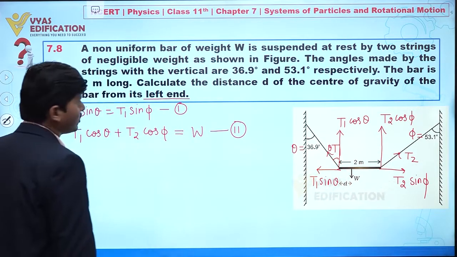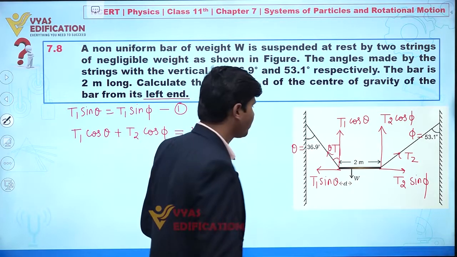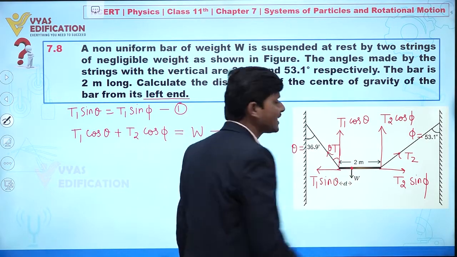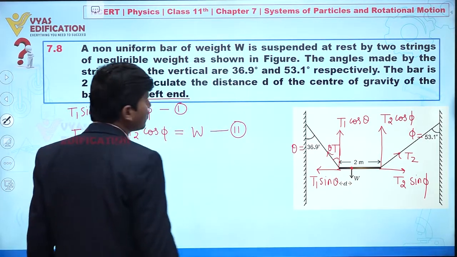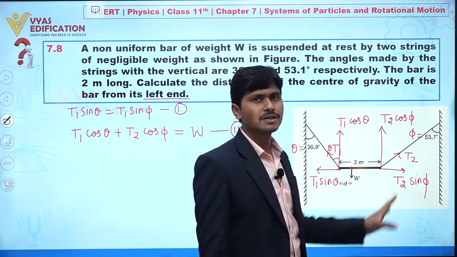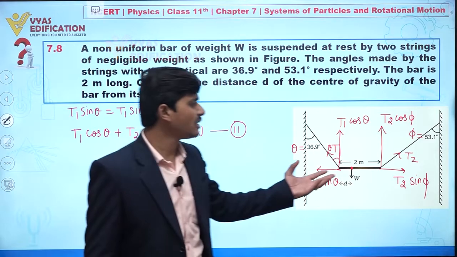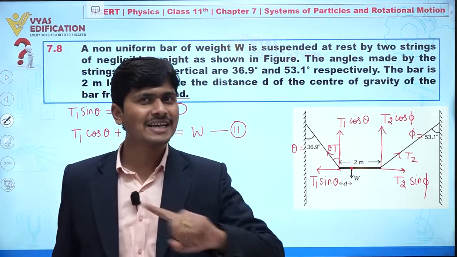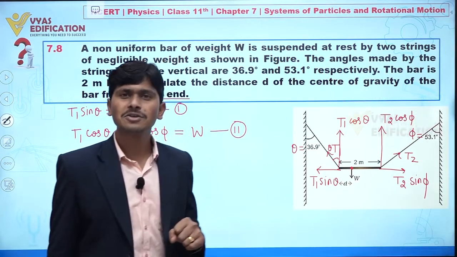Now let's assume the center of mass is situated at this point, at a distance d from the left end. Now we talk about torque, because the whole system is in equilibrium. Clear? When this rigid body is in equilibrium, the net forces acting in horizontal and vertical directions are 0, and the net torque about the center of mass is also 0.